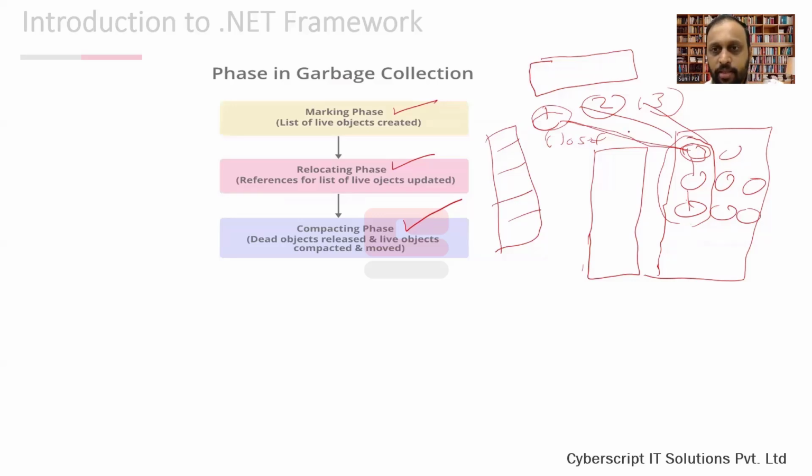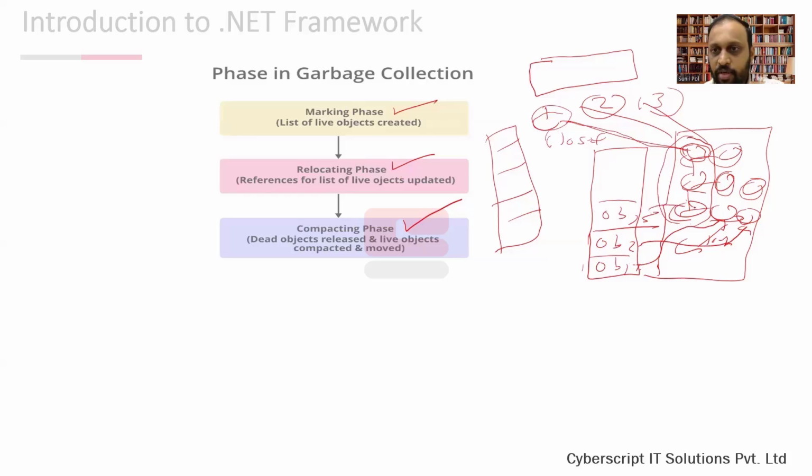In that case, garbage collector needs to move these live objects which were referred by the application root to a new memory location. But in the second phase, suppose this is the stack, this is object 1 referring to this 101 object. This is object 2 reference, which is referring to this object.